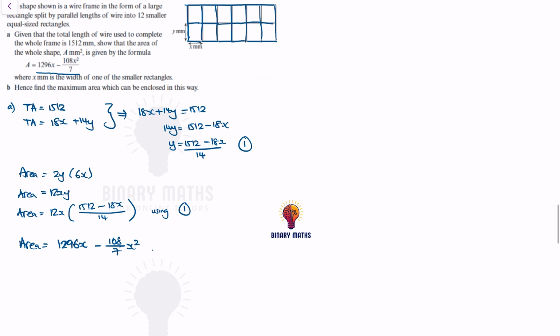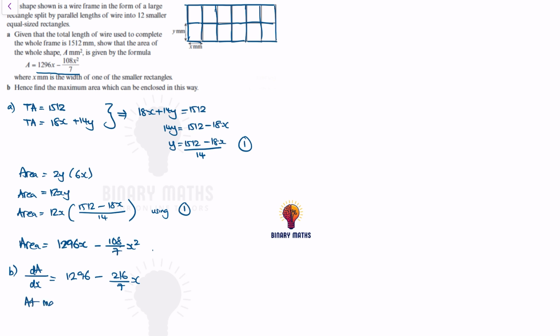Okay, B. Hence, find the maximum area which can be enclosed in this way. So I need to differentiate A with respect to x. So I get 1296 minus 108 times 2, which is 216 over 7 x.